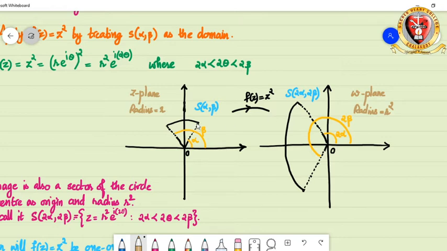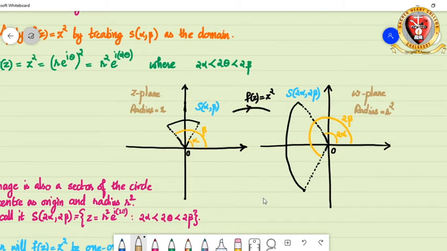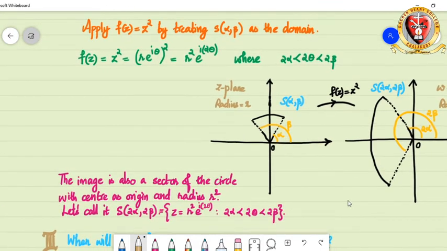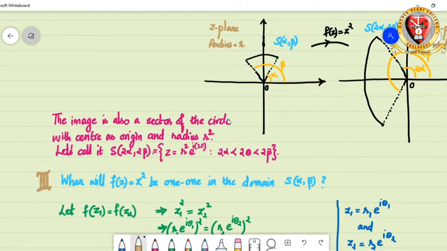The radius here was r, and the radius here will be r square. So that is the mapping done by f of z is equal to z square from the z plane to the w plane, where the domain is a sector of a circle. There we conclude that the image is also a sector of the circle with center as the origin and radius r square, and by our notation we can call it S of 2 alpha comma 2 beta. Note that here the radius is r square.